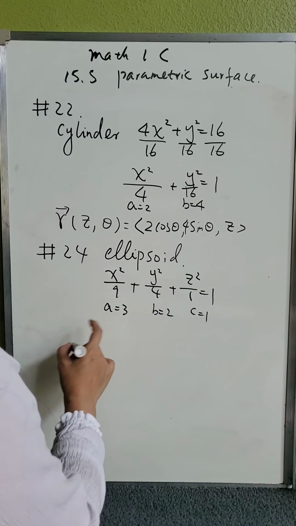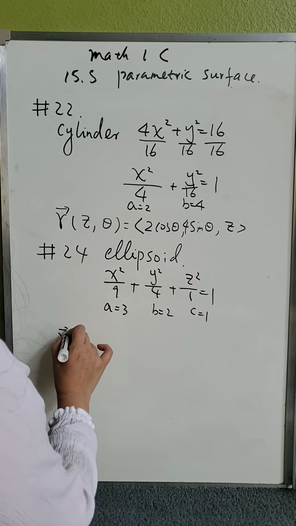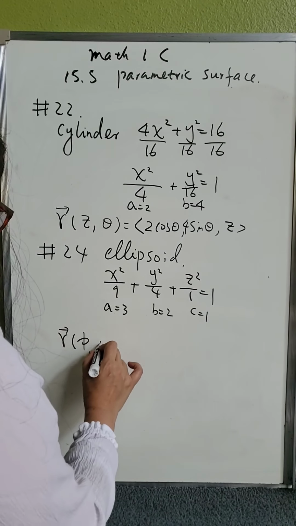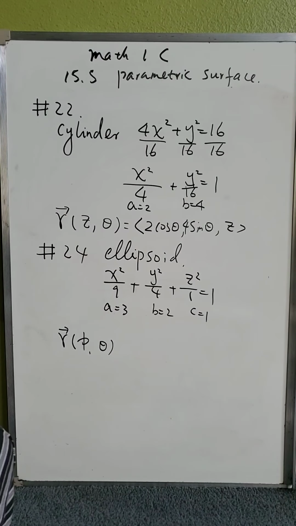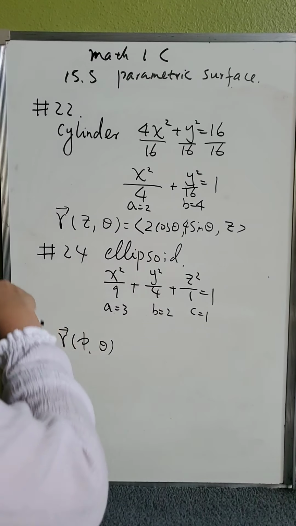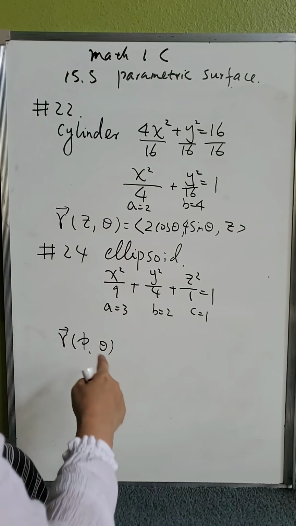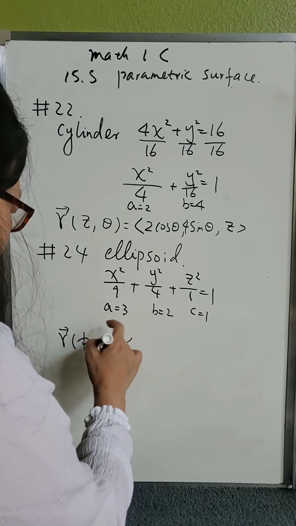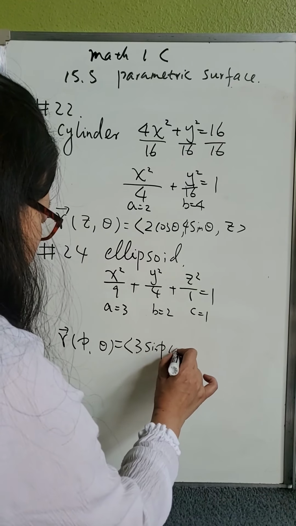And when you parametrize an ellipsoid, we're going to use r, phi and theta, because you need these 2 to make an ellipsoid. You need to go around here and then go around the top, so then you make an ellipsoid. And x is equal to 3 sine phi cosine theta.